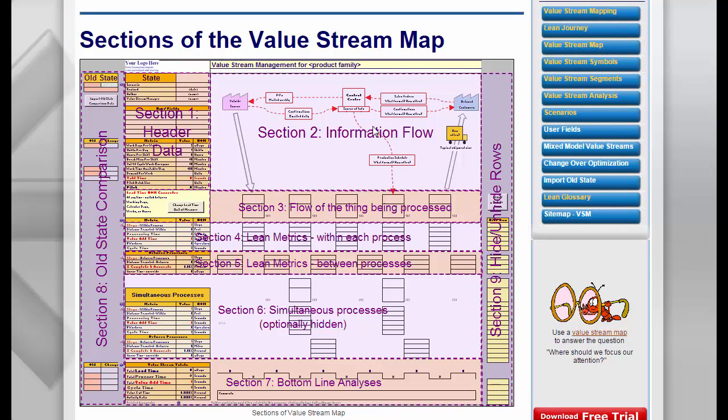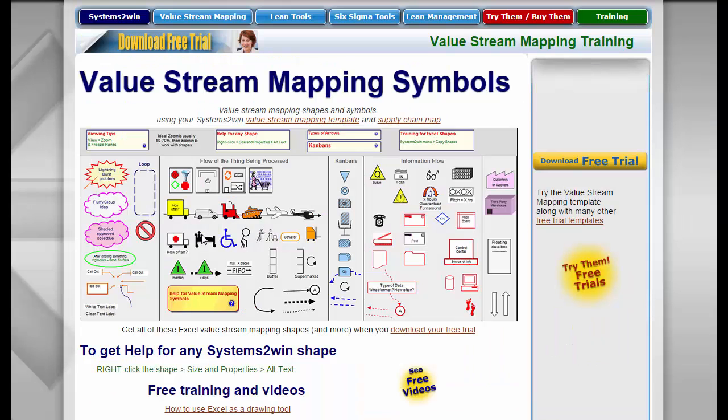This top section of a value stream map, section 2, is the least important but the most eye-catching because it has all of those dazzling symbols. And this training page teaches you what all of those symbols mean.